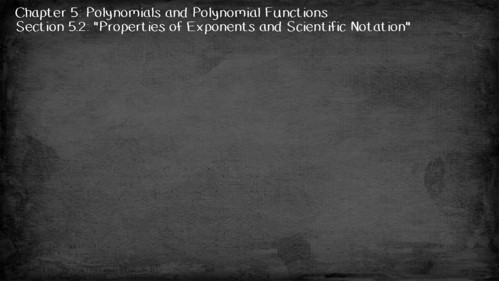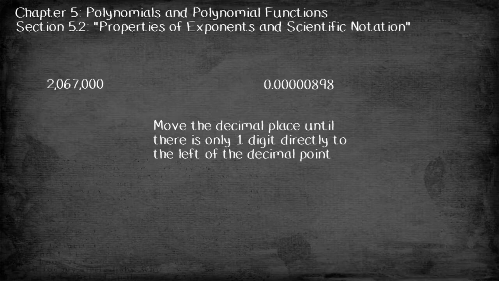All right, so I'm going to talk about how to go from our normal notation to scientific notation. Here are two numbers, and we want to convert these into scientific notation to make them a bit more compressed. For both of these, we're going to move the decimal place until there's only one digit directly to the left of the decimal point. For the left-hand number, since it's a whole number, remember that my decimal point is all the way after the last digit, and I have to move it to get 2.067.